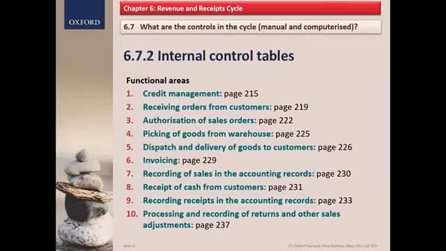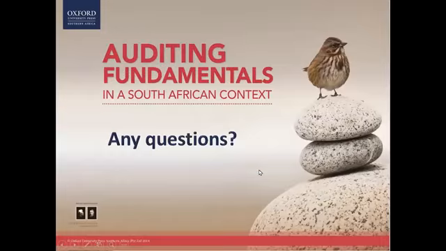We also have control tables for receiving orders from customers, authorization of sales orders, picking, dispatch, invoicing, and so on. So let us try to look at one of them and see if you comprehend. If you comprehend, then we have to end there.